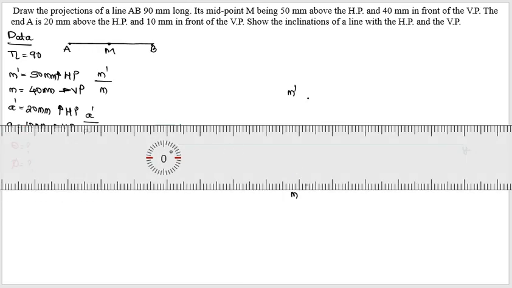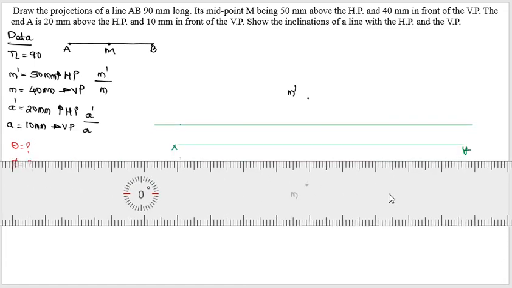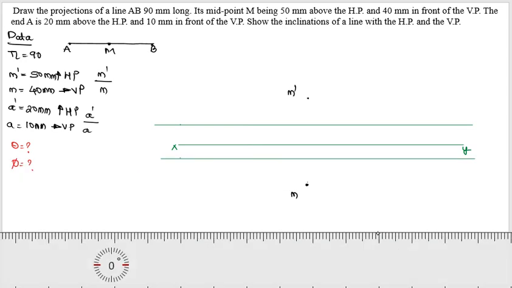This will give you the locus of A dash, and this will represent my locus of A. Once you get locus of A and A dash, next step is we know the true length.